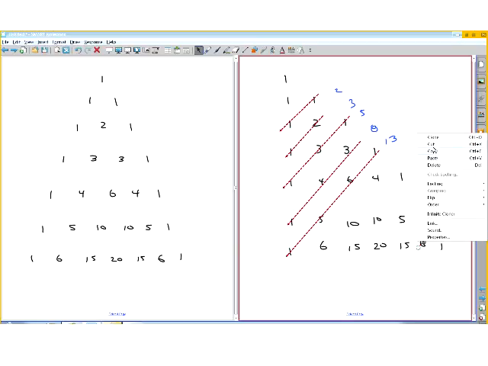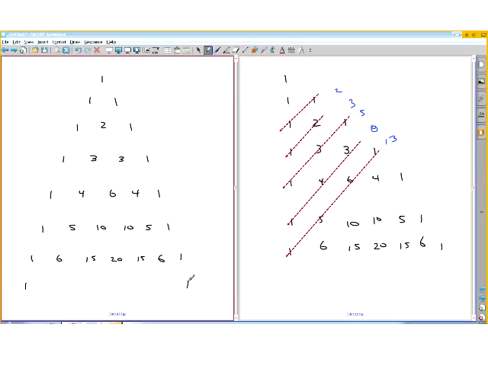Otherwise, it doesn't work. So if I had another row, let me just add one more row than they had. So we have 1s on the outside. 1 plus 6 is 7, 21, 35, 35 again, 21. You see it's symmetric.